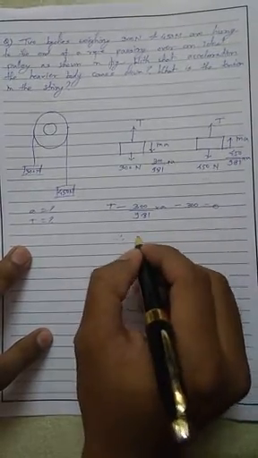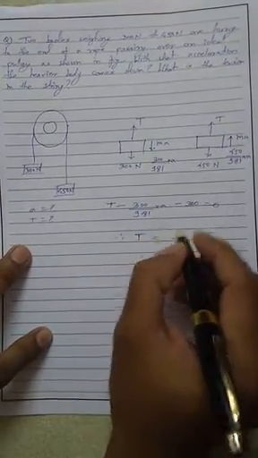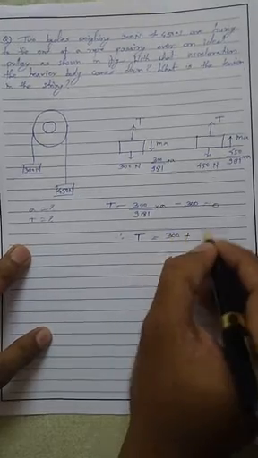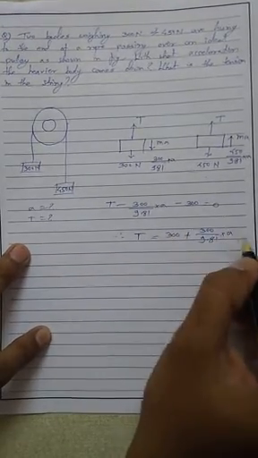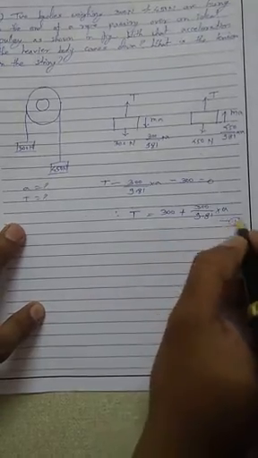From this we get T as 300 plus 300 divided by 9.81 multiplied by A. Put this as equation number 1.